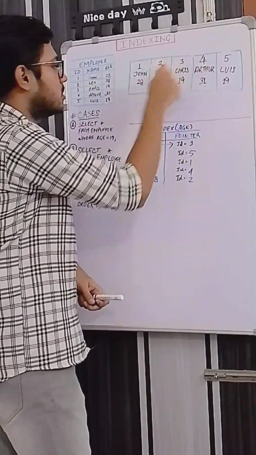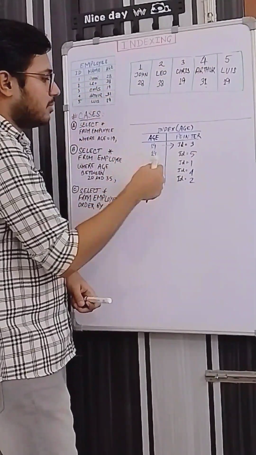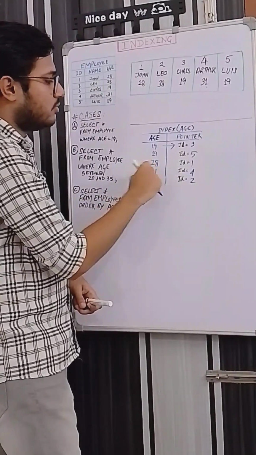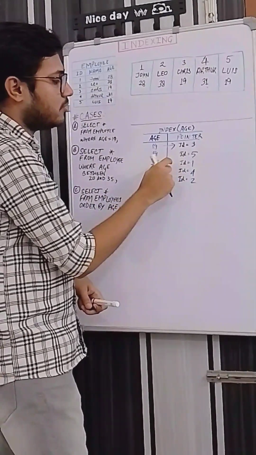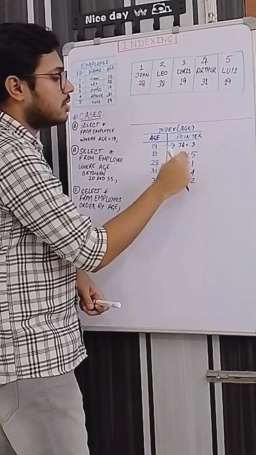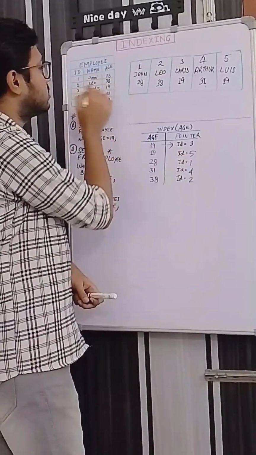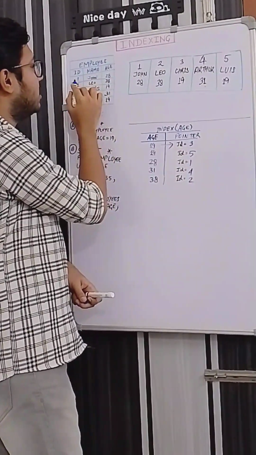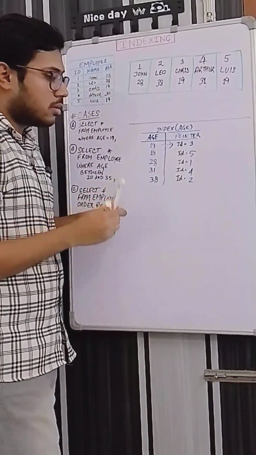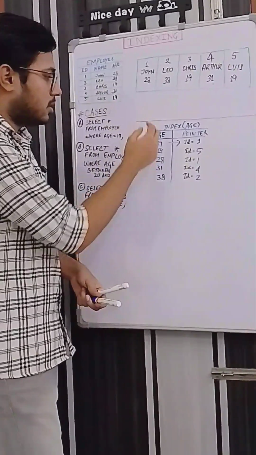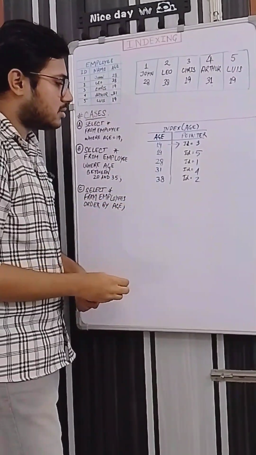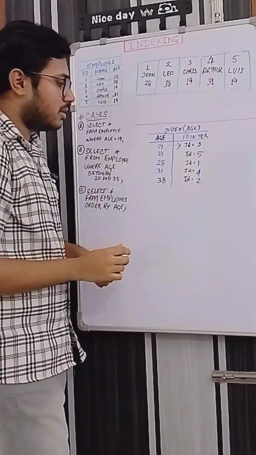Let's say for 28, we have a mapping to the reference of the related record, ID is equal to 1. So age is 28 and this is the record. Do we observe we have sorted ages? The ages are in sorted manner here.